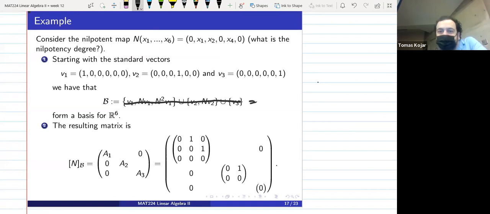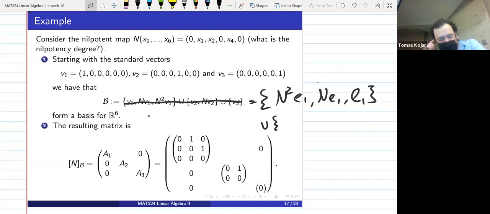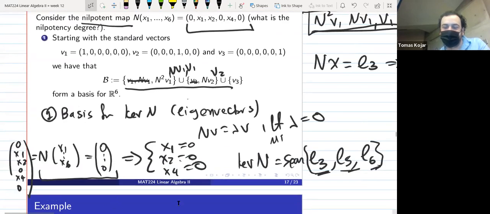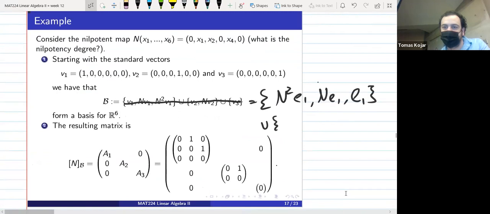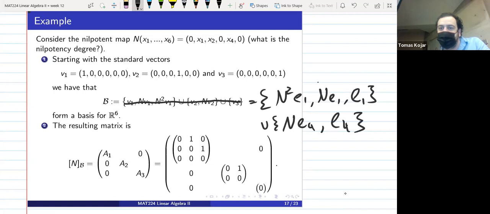So we have n squared E1, n E1, E1, union. I don't have photographic memory. So we had E5, and then that gave us E4, right? I think it was E4. Yeah. Then we have n of E4, and finally E6. Okay, so that's the basis for the nilpotent map.